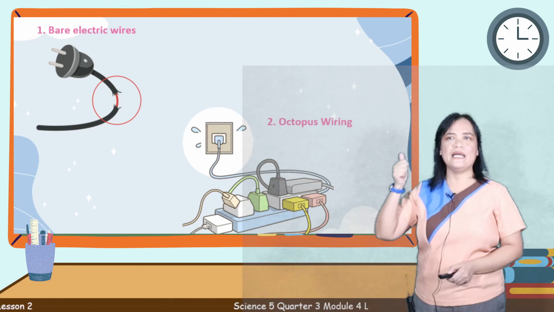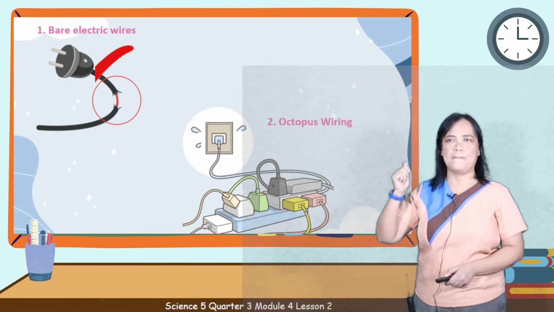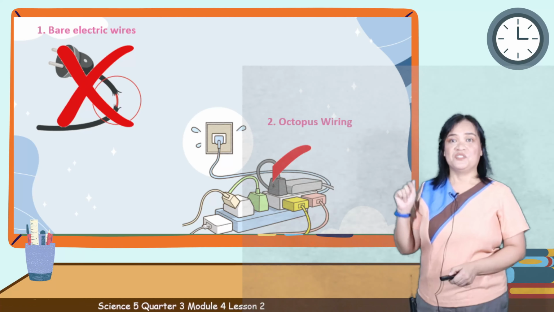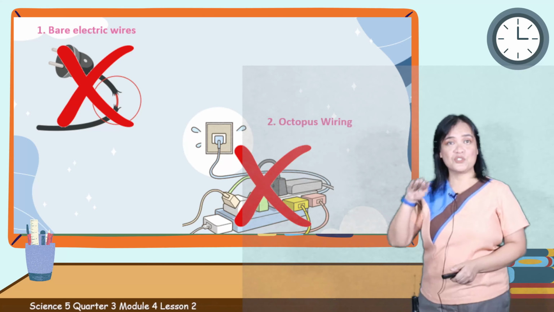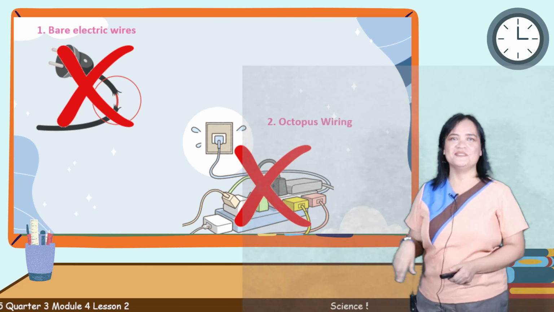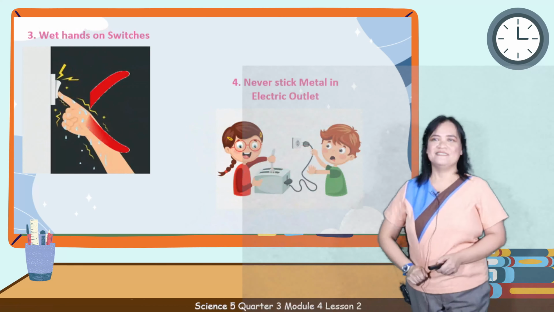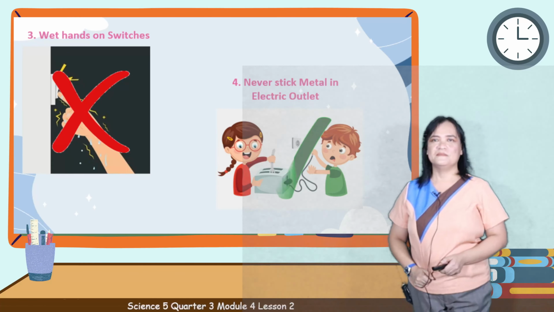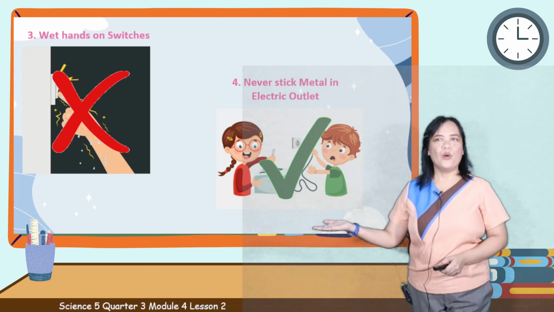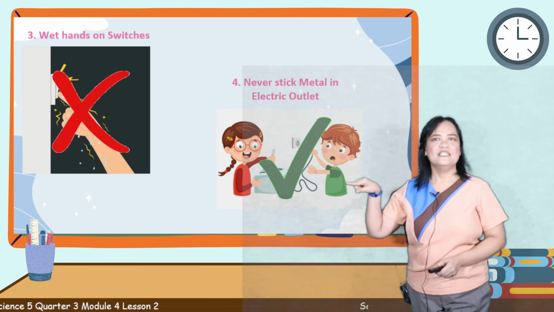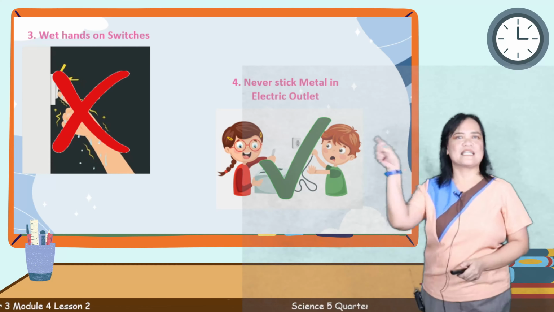Okay, bare electric wires. So that is X. And the octopus wiring. No to octopus wiring. Next one. Yes. Wet hands, cross out. Never stick metal. It's yes, kasi never.